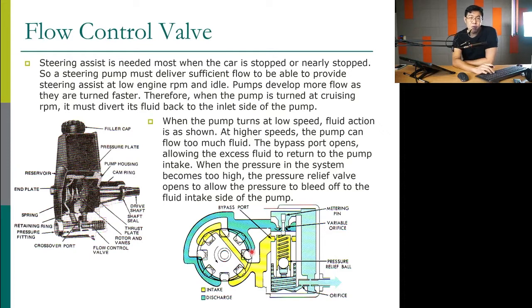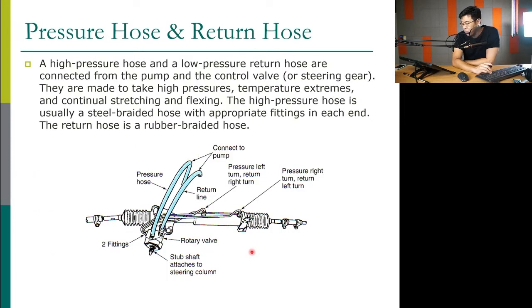Coming out from the pump, the hydraulic fluid goes to this pressure hose, and the return hose. Return is for going back. So the going out is the pressure hose. The pressure hose has a lot of pressure inside. Another thing for the power steering system is that this hose always flexes.